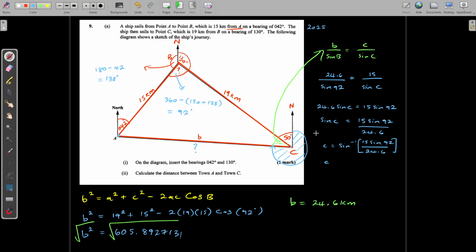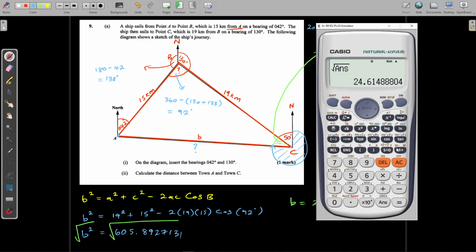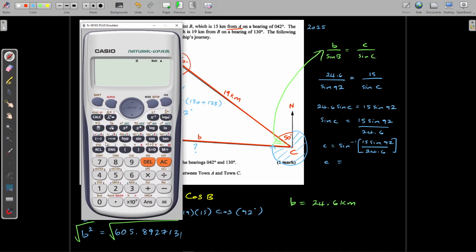So when you put that on a calculator, shift sine, 15 sine 92 over 24.6, that's 37.55. You can say 37.5.